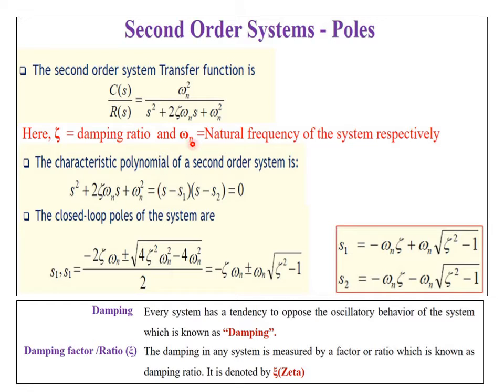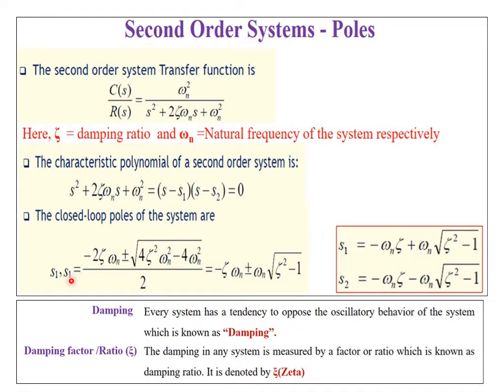Now the characteristic polynomial of a second order system is the denominator, s square plus twice zeta omega n s plus omega n square. If you take the roots, it becomes (s minus s1)(s minus s2) equal to 0. So the closed loop poles for the system are s1 and s2.